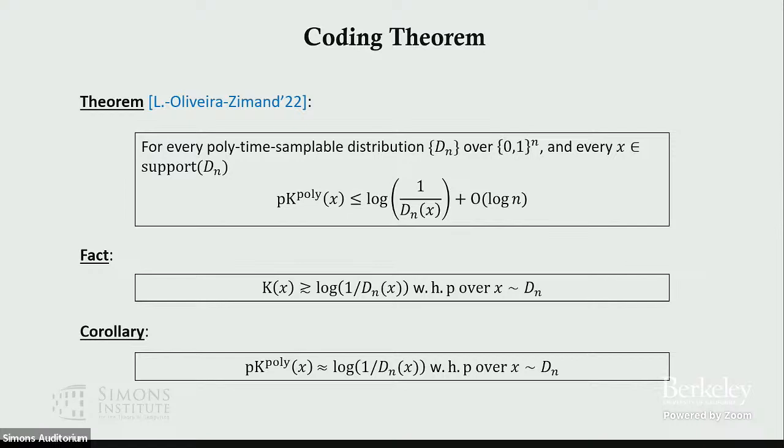And the PK poly complexity is at least the K complexity, roughly. So by coding, we have that this is at most this, and by this fact, for most strings PK poly should be greater than this. The corollary says that the PK poly of X is roughly equal to log 1 over the probability of X with high probability when X is sampled from D. So on average, these two quantities are the same.